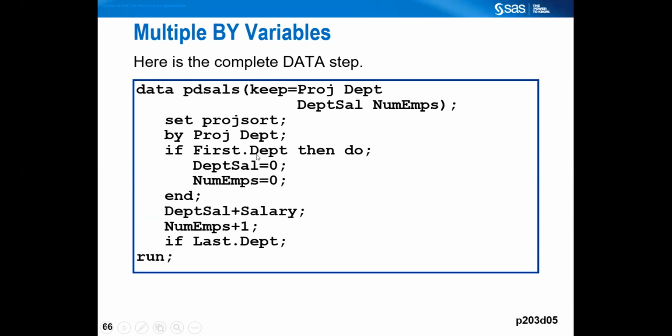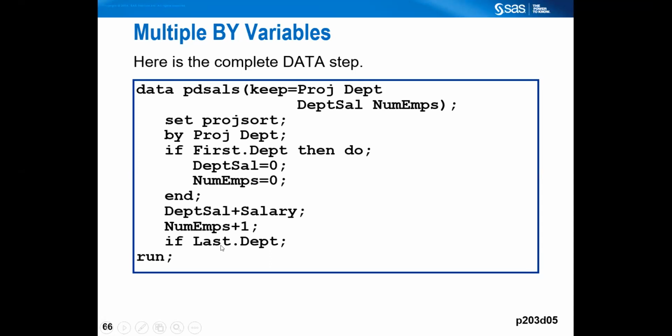You create a new variable department sal as 0, and a new variable employee number, the number of employees, also initialized to 0. End. Then you will increment your department sal and increment number of employees.